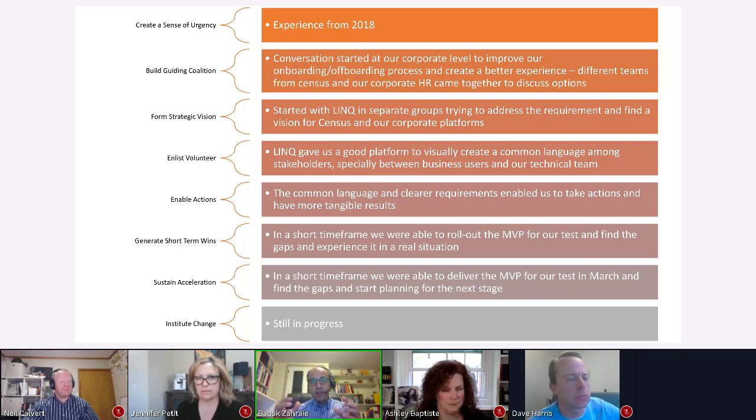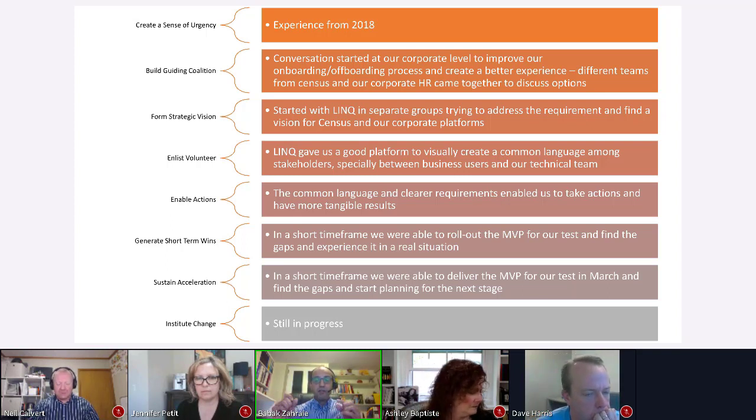The common language and clearer requirements enabled us to take some actions and create more tangible results. It removed the resistance from different groups that were involved in the project, particularly our DBS team, who were complaining about unclear requirements and things like that to initiate the project.